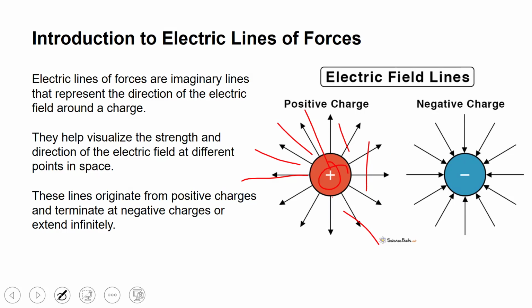As you can see from here, because these electrical lines of forces are positive charge, they originate and move away from the positive charges. And because the other is negative, they are terminated and consumed by the negative charge, meaning that there is attraction there.